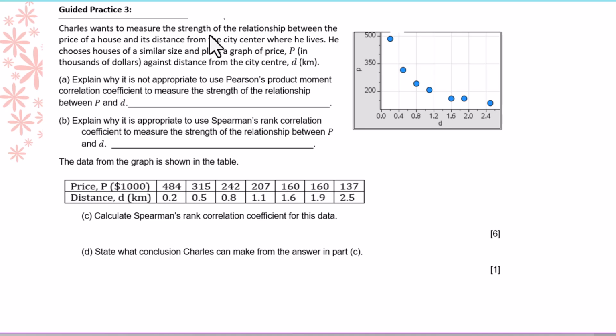It's not linear. We know Pearson's correlation coefficient measures the linear relationship between two variables. Because P and D are not linear. B. Explain why it's appropriate to use Spearman's rank correlation coefficient to measure the strength of the relationship between P and D. Look at this graph.